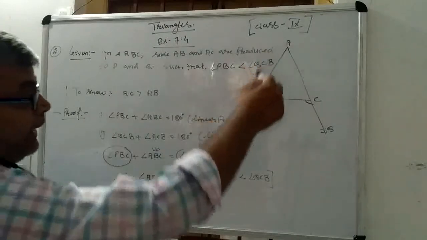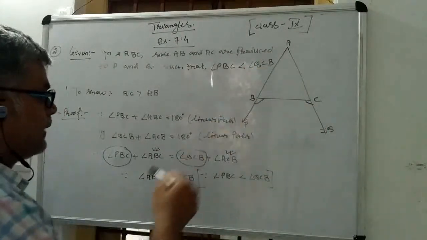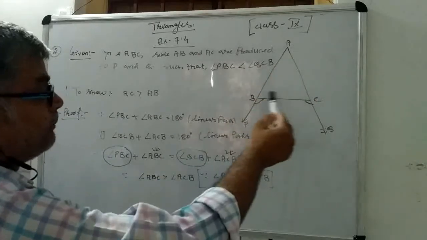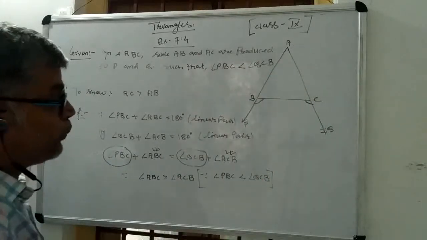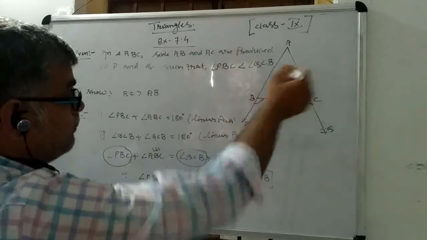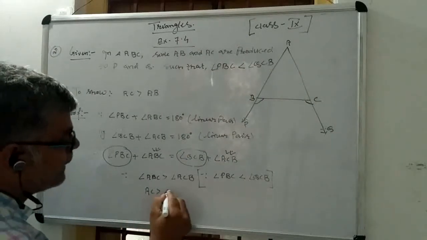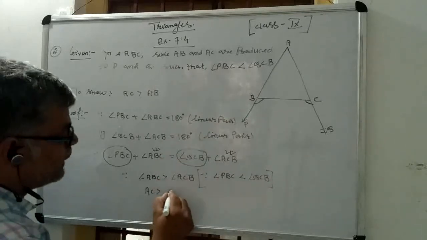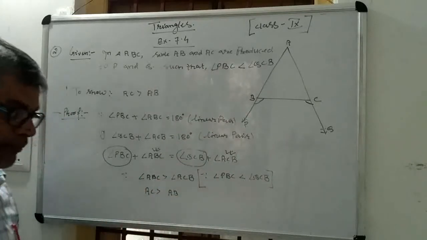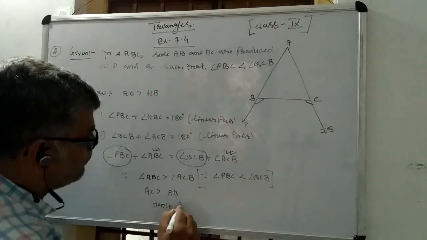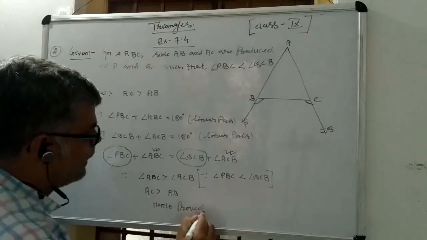You may write this in the reason. Now in triangle ABC you can see that angle ABC is greater than angle ACB. So the side opposite to the greater angle, that is angle B, is AC. So AC must be greater than the side opposite angle C, AB. And hence proved.